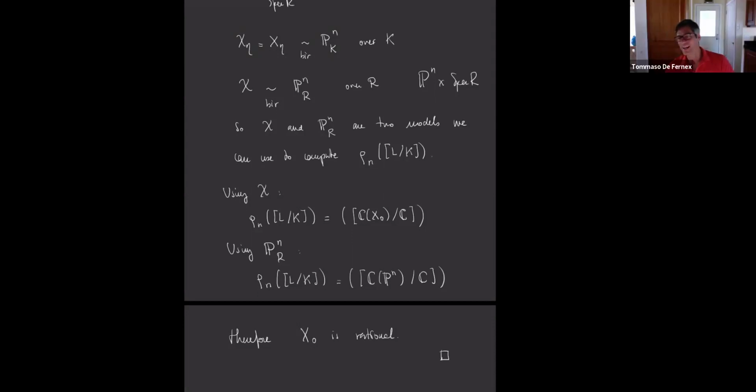Oh, I don't know. I would like to look it up a little bit. I don't know what is known. For smooth fibrations, I think stating invariance of plurigenera will imply something like this.